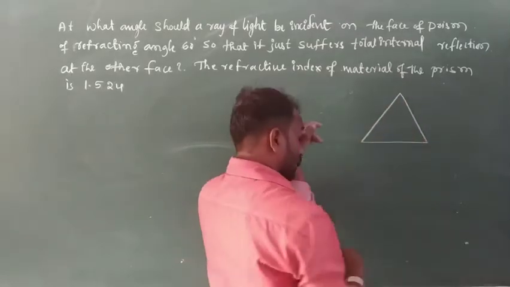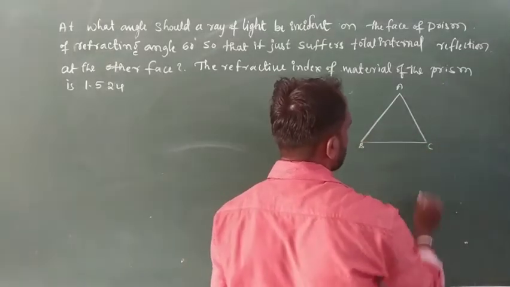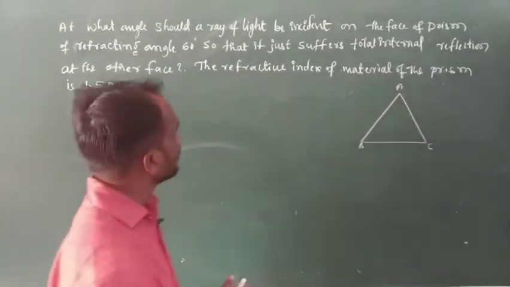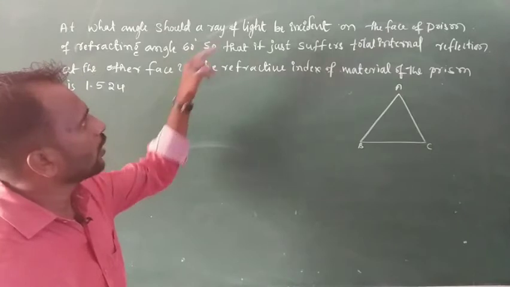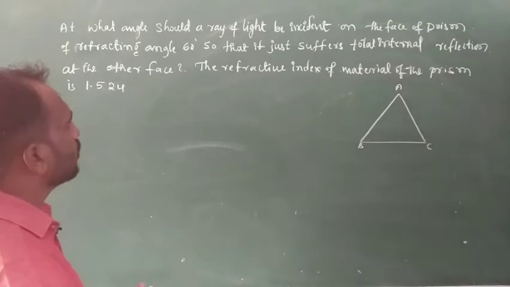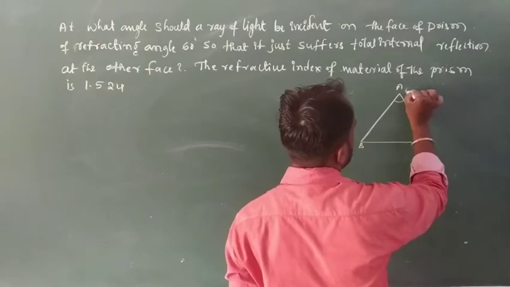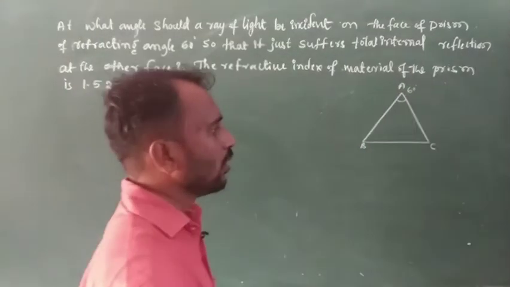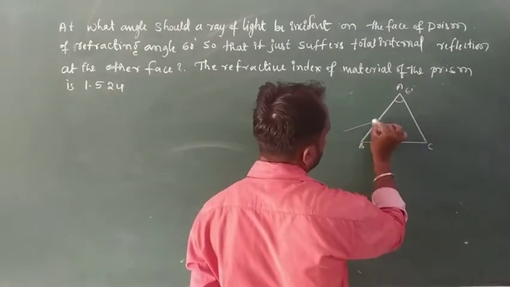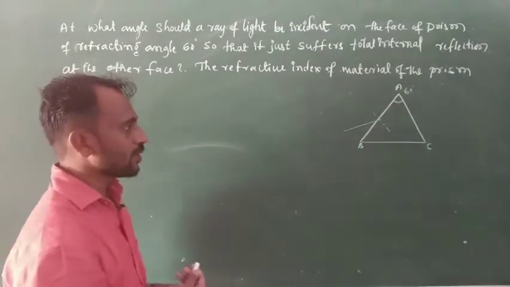Okay, so first we consider that this is a prism, and here two surfaces of it, that is two refracting surfaces, AB and AC.